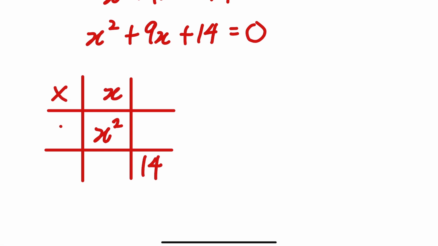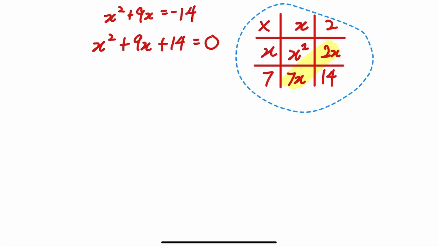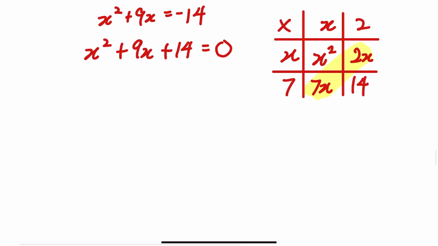I want to get 9x. I can see that I can use 2 and 7. Then this will be 2x and 7x, and these two add together will give me 9x. So therefore, based on this multiplication frame, I know that the two factors are x plus 2 times x plus 7. This whole thing is equal to 0.